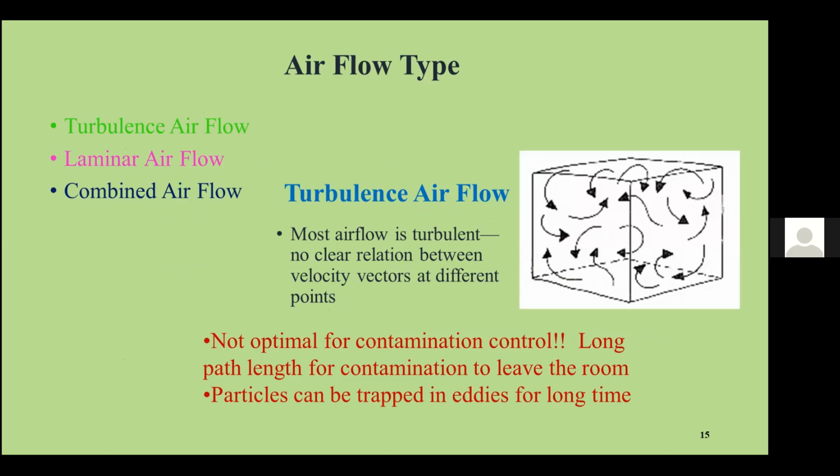Basically, three types of airflow are available in a clean room: turbulent airflow, laminar airflow, and combined airflow. Turbulent airflow we can see in that image. In turbulent airflow, the air doesn't have any spatial direction, meaning velocity and vector relation is not available. The air circulates in some kind of pattern like that, as arrows circulating inside the clean room.